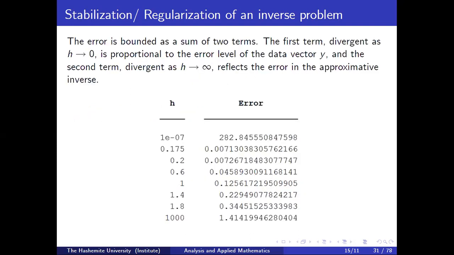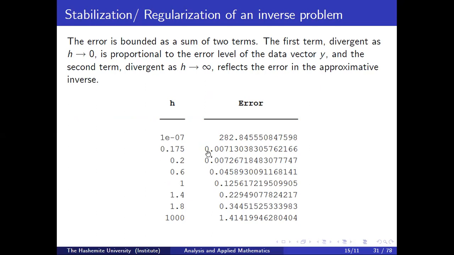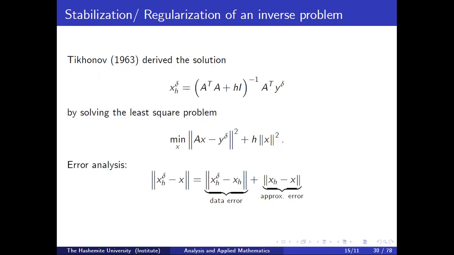So we have good choices of H and bad choices of H, and we need a criterion to choose a good H. For example, if we choose H 0.2, we get a good answer because the error will be 0.007. So here we imposed again a parameter H. This H will control the problem, but we need a criterion for how to choose it.